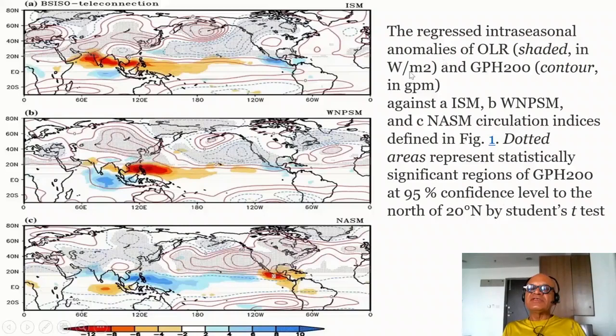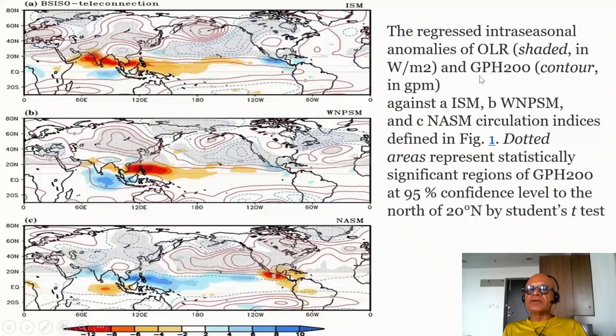The regressed intraseasonal anomalies of OLR are shaded in watts per meter squared. So positive again is suppressed convection and negative is active convection. So this is our local Hadley cell and the active-break phase transition of the Indian summer monsoon, which you can see here.